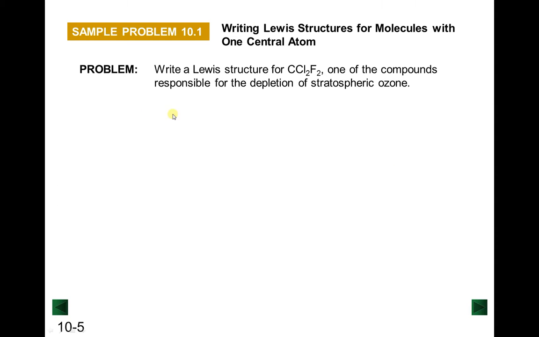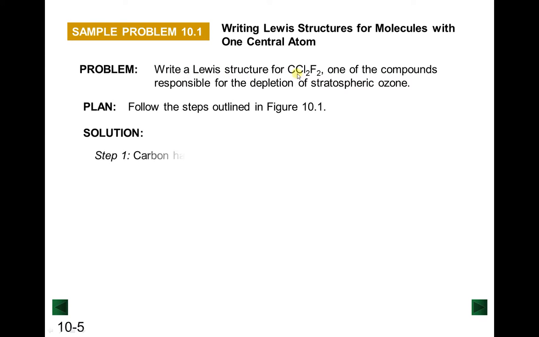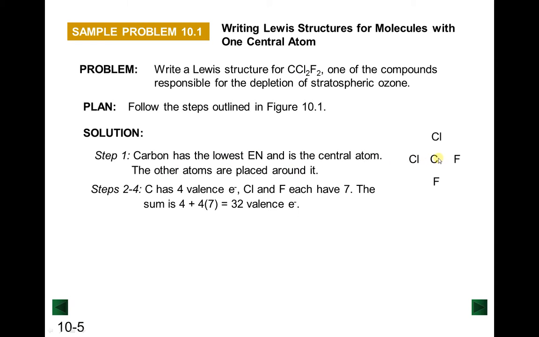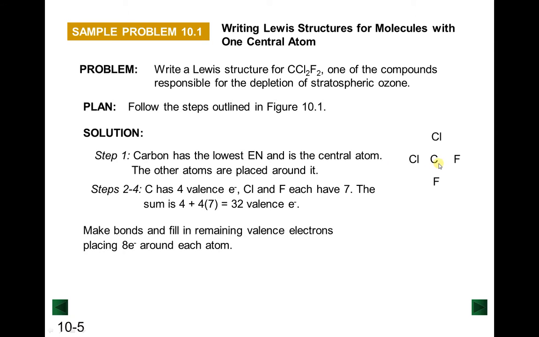Okay, let's try to look at this example over here. Here you're given a molecular formula of CCl2F2, and you're asked to draw the Lewis structure of CCl2F2. So first, you try to identify the atom with the least electronegativity.